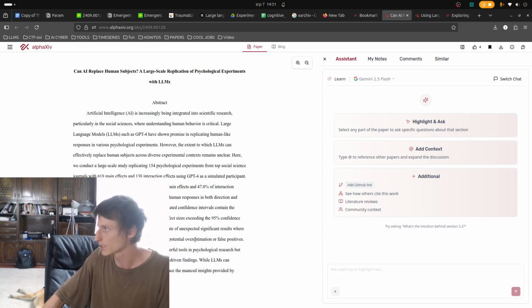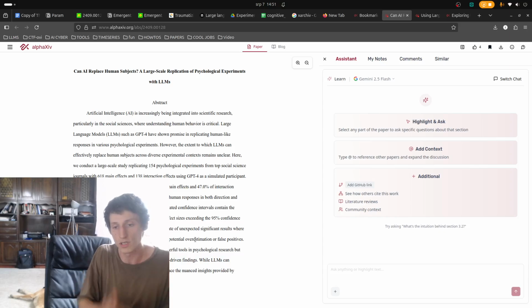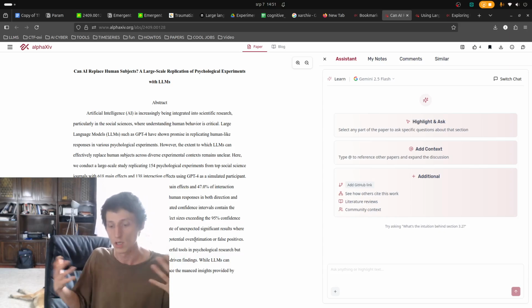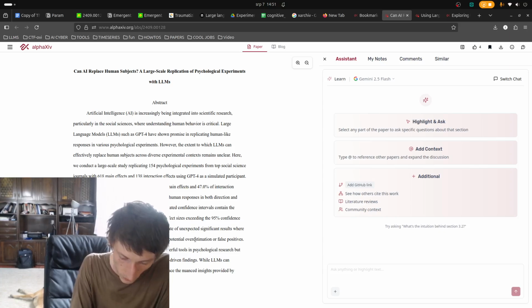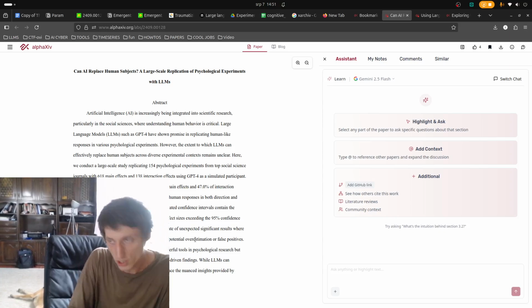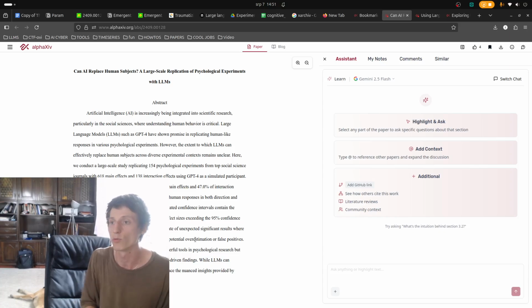So maybe the science community needs some kind of open source initiative where we control what goes into the model, and then we control the things we do with it after.